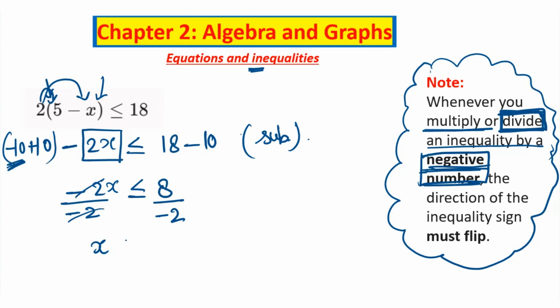Now, see the magic. What is the magic over here? This would be greater than or equal to, right? Why? Because we divided by a negative number. I'm going to write the reason.